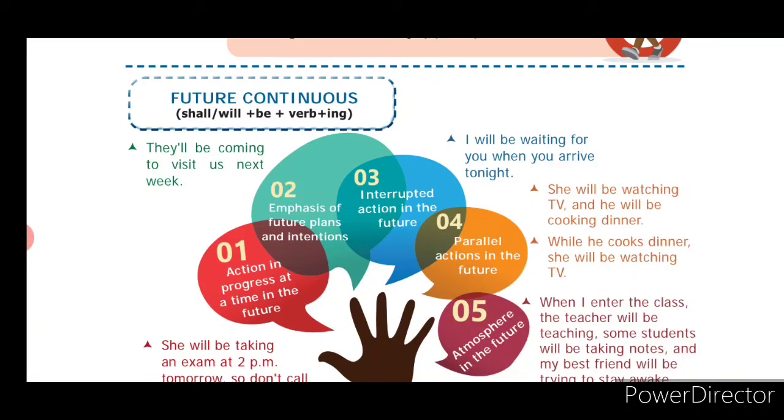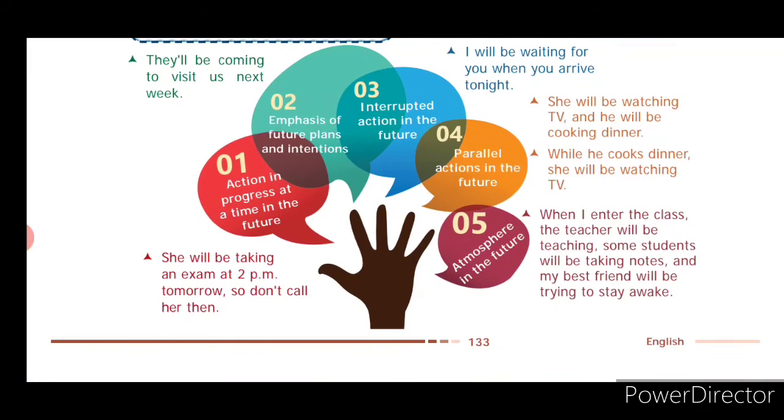Future continuous tense is used for a fixed or routine event, an action in progress at a time in the future. See here: she will be taking an exam at 2 p.m.